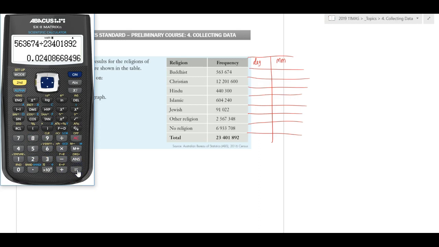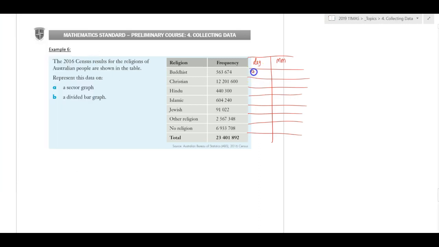And that's what fraction of the total is Buddhist. So now I take that fraction and multiply it by 360, and I get about, let's say, 8.5 degrees. I'm probably not going to measure it that accurately, but anyway, about 8.5 degrees.